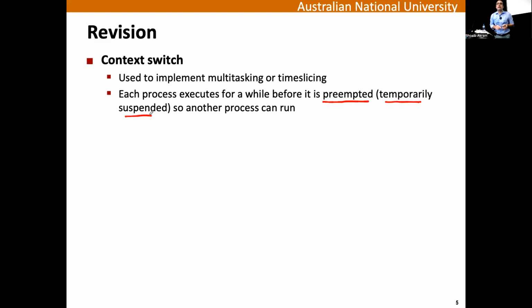So the kernel, at some point in time, decides, hey, this process has run long enough to be fair to other processes. Let's preempt this process and bring another process in. So the kernel saves the context. Context consists of the register file contents, flag register, these kinds of things. So the kernel saves the context somewhere in memory and brings in another process.